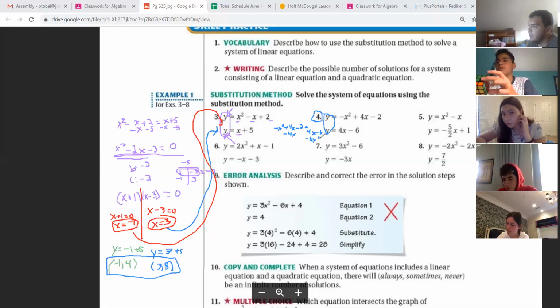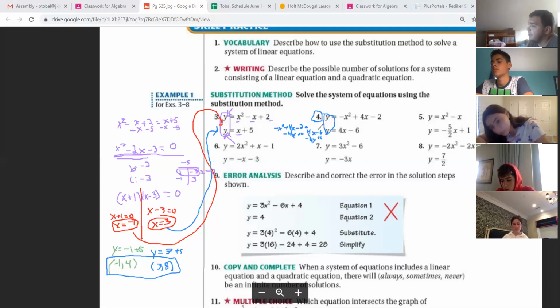And then this is going to be a plus 6, because it's minus 6, so the opposite is plus 6. Okay, so we do the math. Negative 4 plus 4 happens to be 0, so this gets completely canceled out. So all we're left with is negative x squared plus 4 equals 0.